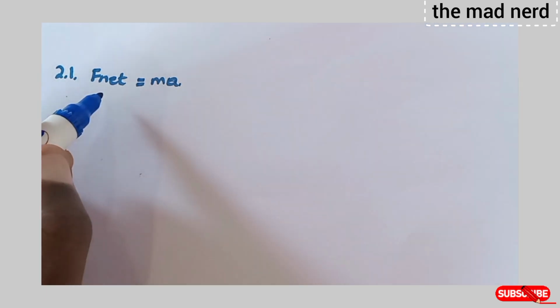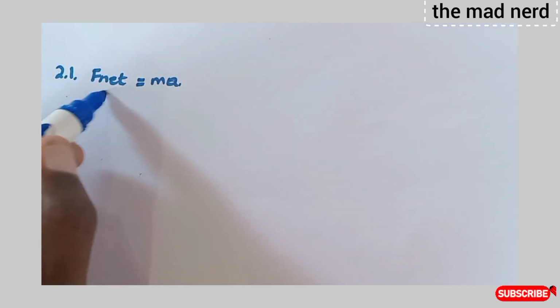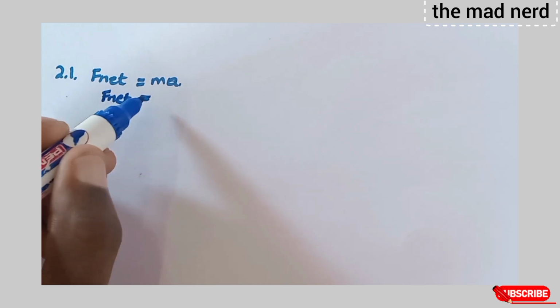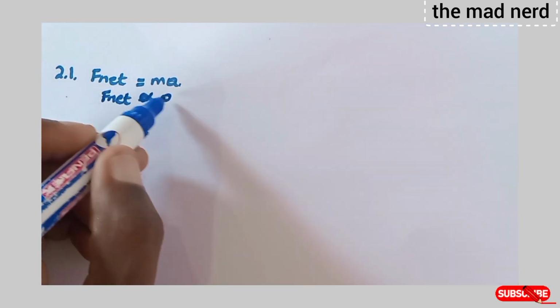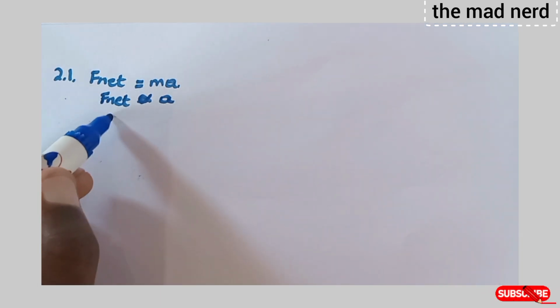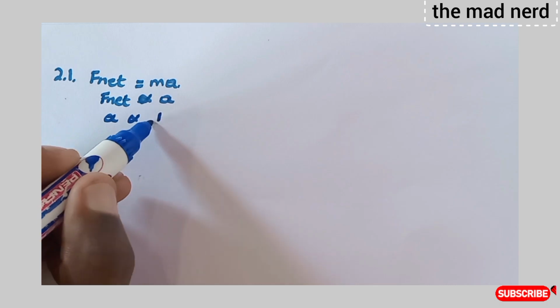Now it says here an object will accelerate in the direction of the net force, and the acceleration is directly proportional to the net force. So it means that F net is directly proportional to a, and the acceleration is inversely proportional to the mass of an object.